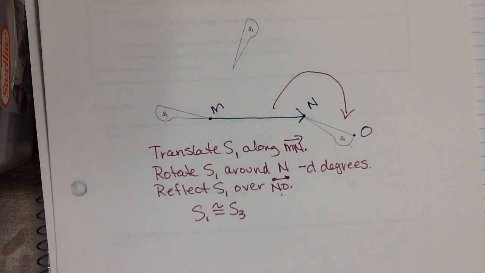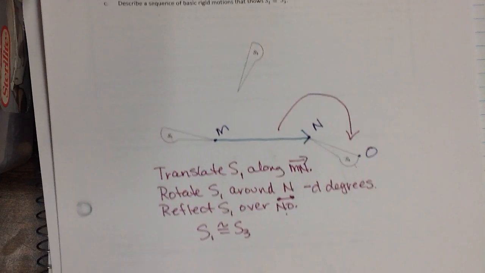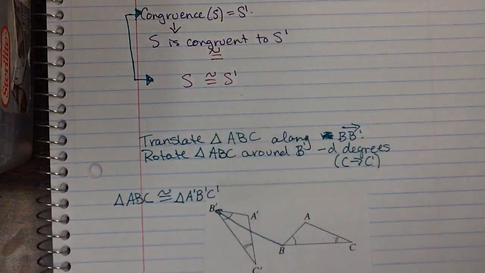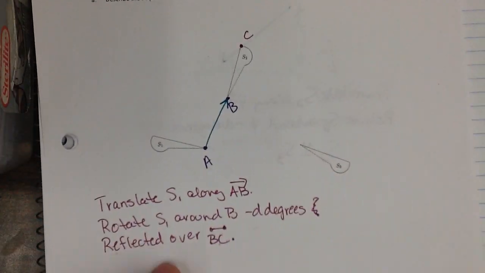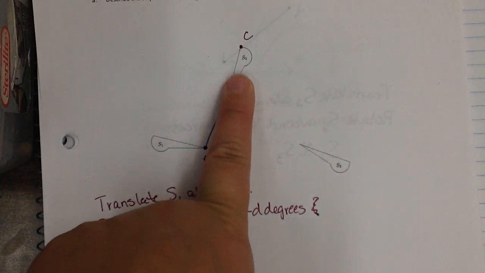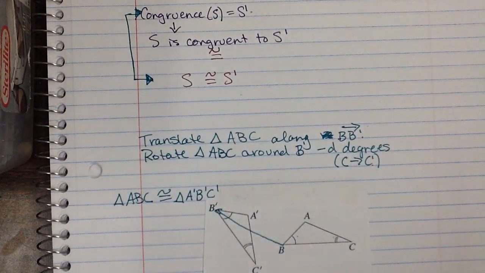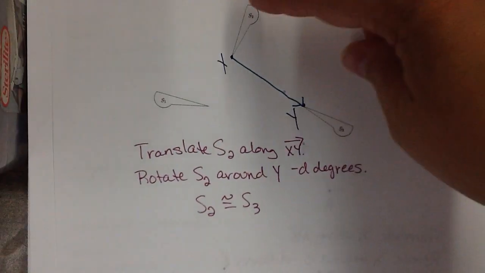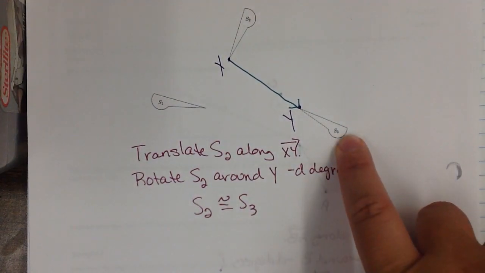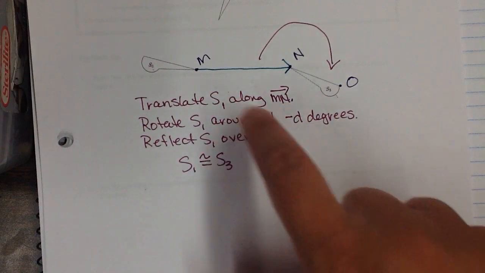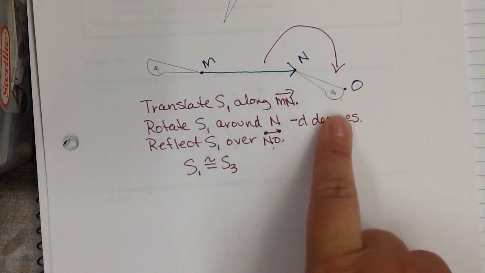Doing what we did in A, to prove that S1 was congruent to S2, and what we did in B, proving that S2 was congruent to S3, would we really have had to do this to prove that S1 was congruent to S3?